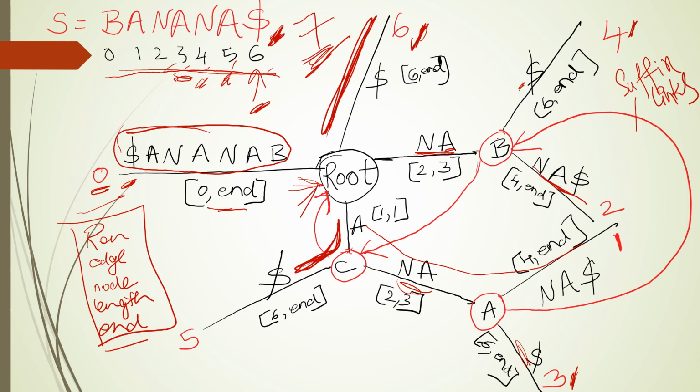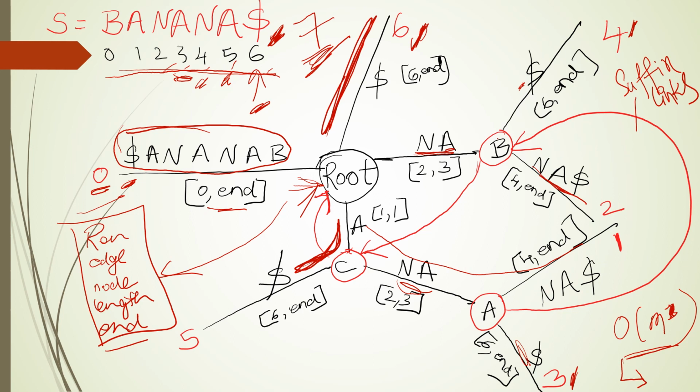So this was a tweak to the algorithm of O of n cube, and they made it linear time. This was first suggested by Weiner, and later it was modified by Ukkonen, and the space complexity was also not compromised in Ukkonen's. So Ukkonen's is the best algorithm for creating suffix trees in linear time.